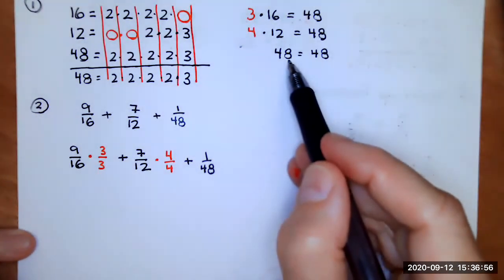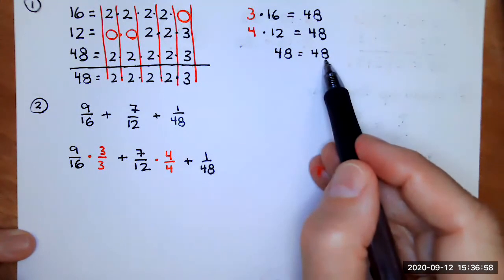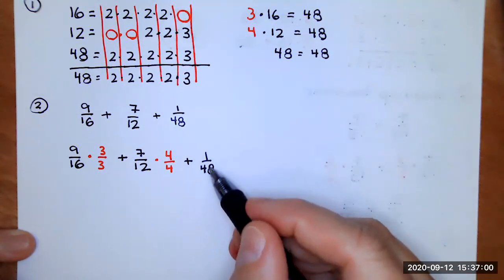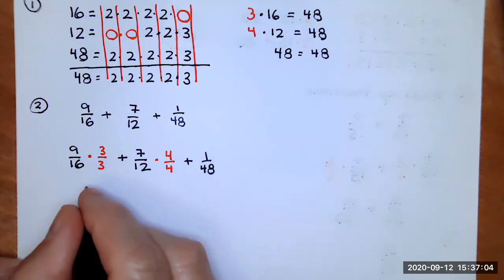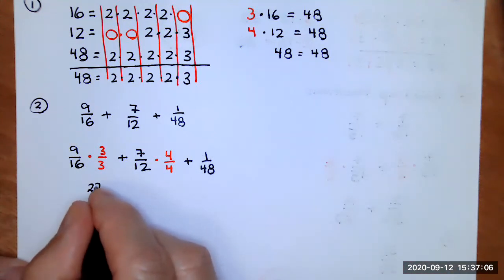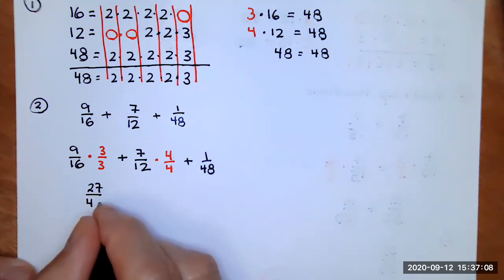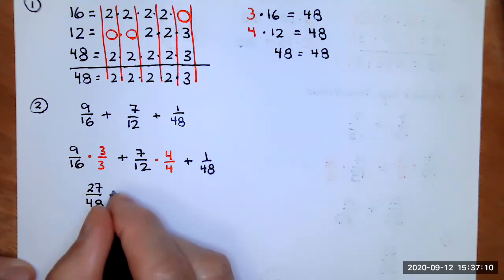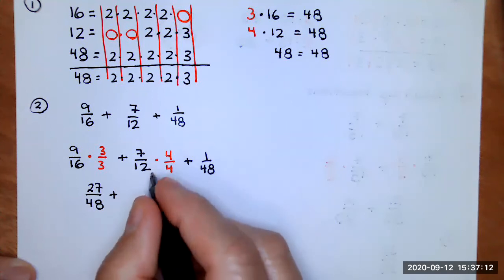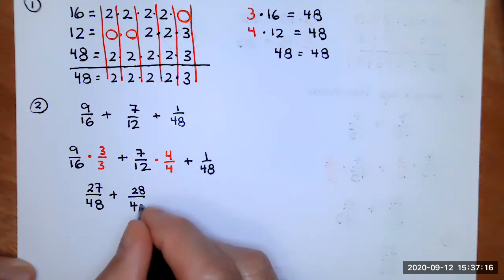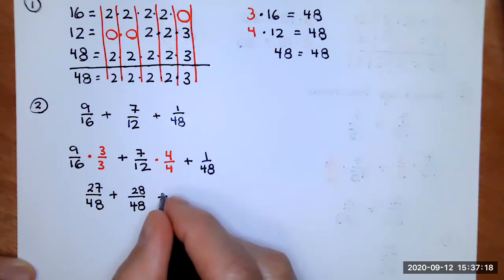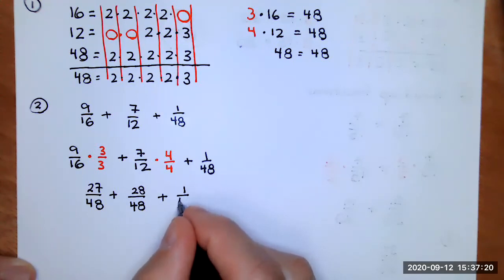I have 48 and I want 48, so I don't have to do anything to this one. 9 times 3 is 27 over 48. 7 times 4 is 28 over 48. We get 1 over 48.